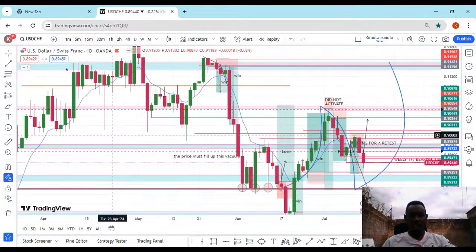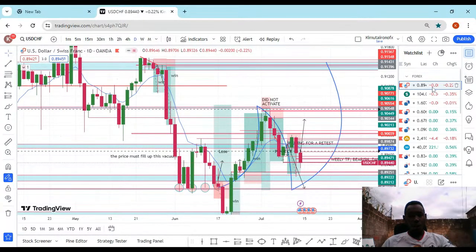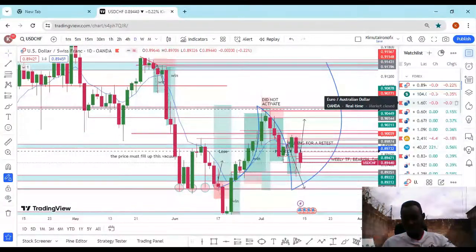So what we're going to look at is the USDCHF. We have several other pairs that we looked at in between the week. One of them was the Euro AUD, which has been my favorite pair so far. The second favorite pair has been the USDCHF.